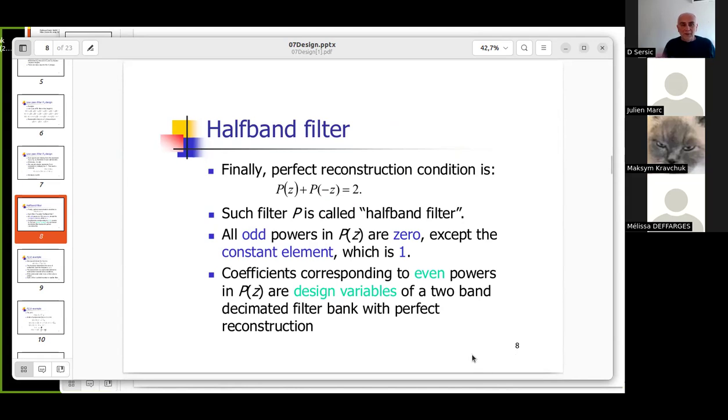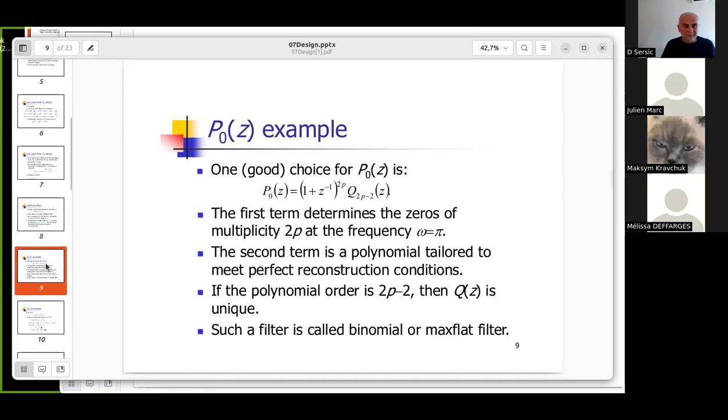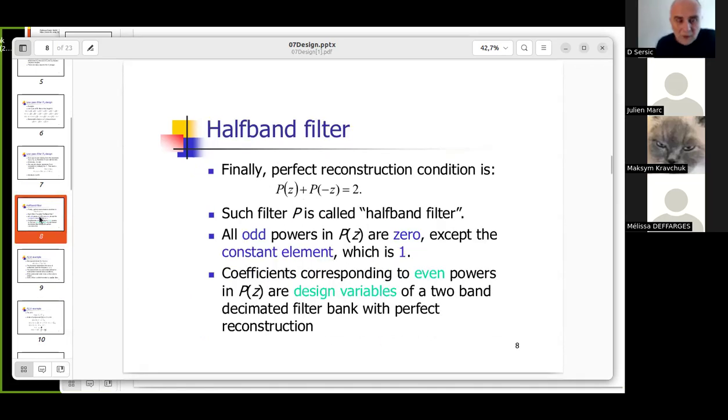And the coefficients corresponding to even powers are our variables of design. Okay, I will just go back for a second. There are many ways you can construct such a product filter.